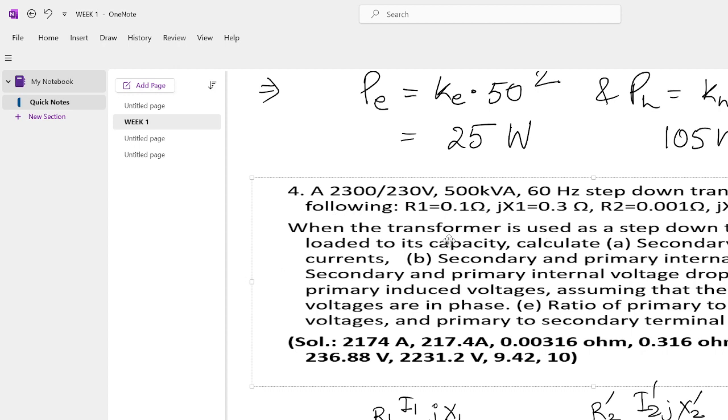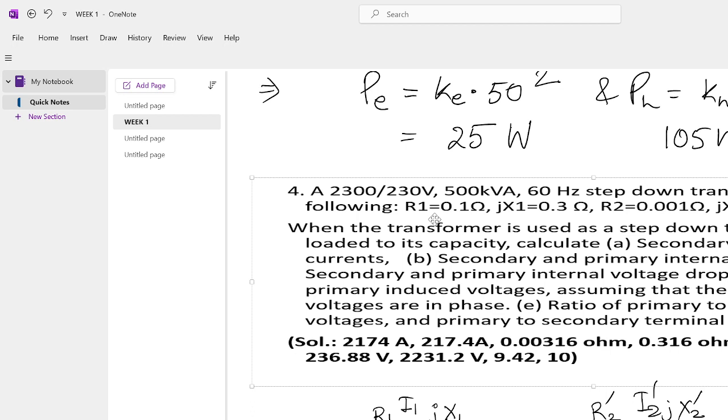Loaded to its capacity means 500 kVA, it is delivering 500 kVA. What do you mean by this statement, sir?